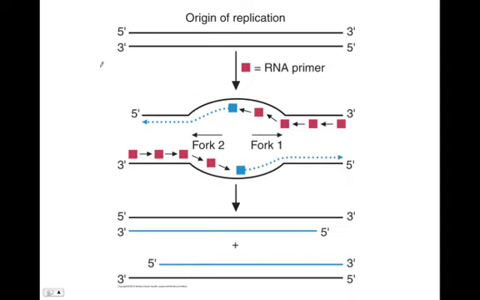Again, if you start with double-stranded parental DNA, an origin of replication is initiated, and the replication fork can move in both directions. It requires an RNA primer such that you maintain processivity in the 5' to 3' direction.